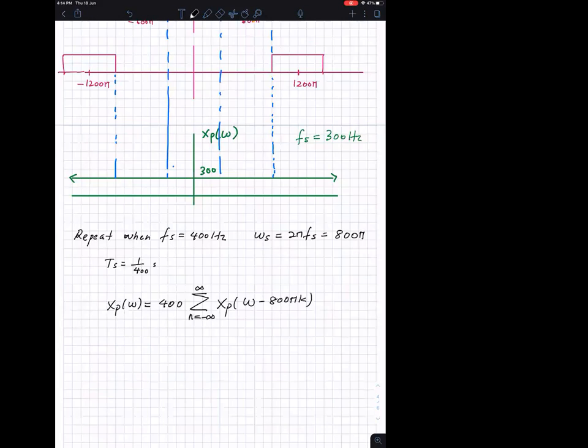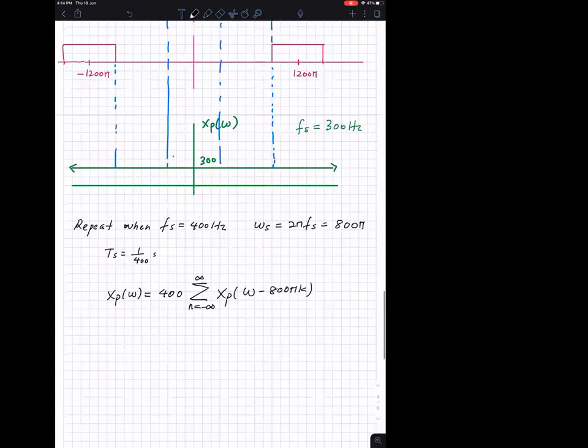So when k is equal to 0, X(p omega) is 400.